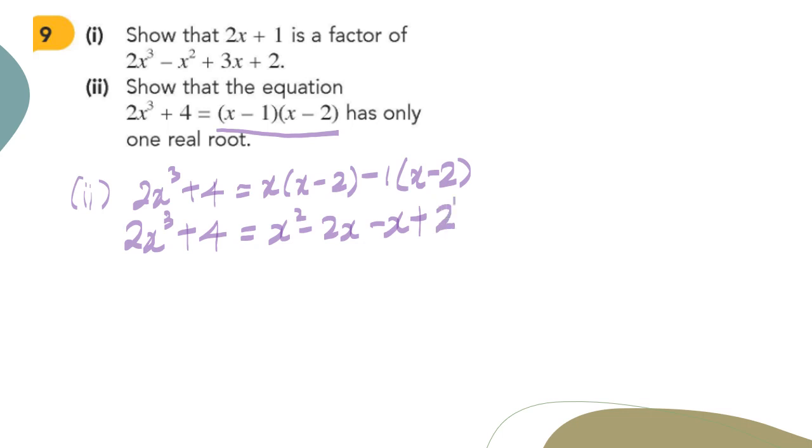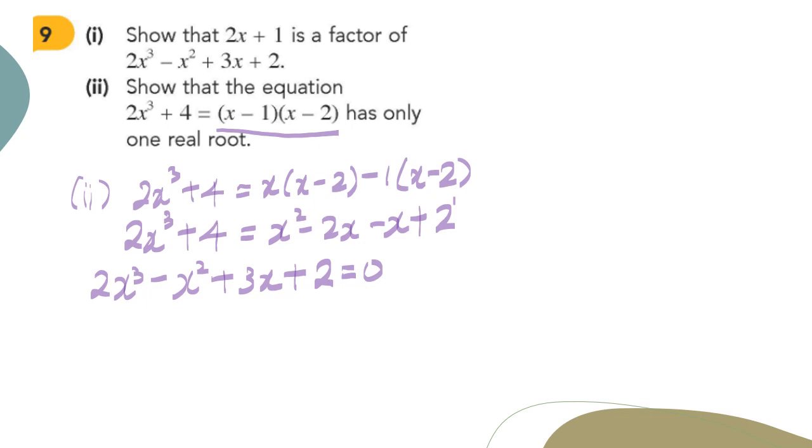If you were to bring everything to the left hand side and simplify it, you end up getting the polynomial that you're given in 9 part 1. And what have we shown in 9 part 1? We've shown that 2x plus 1 is a factor. Right, so we have to find the remaining factors.